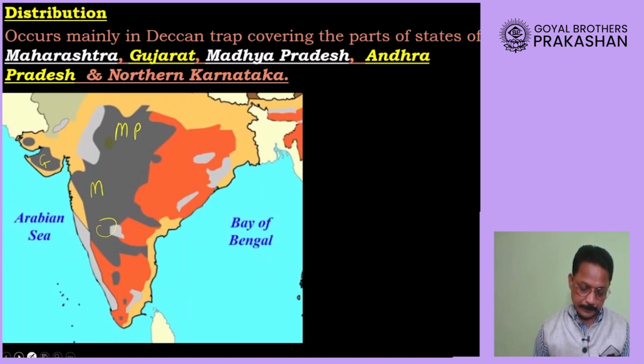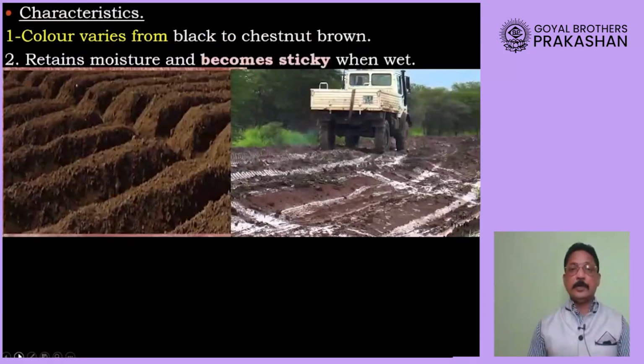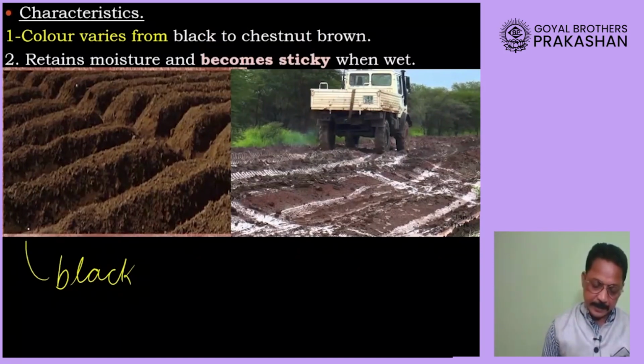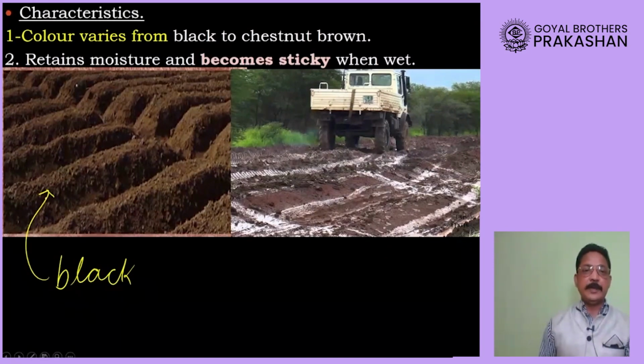Now let us look at more characteristics of this soil. Sometime back we found that this soil is black in color. But if you look at this picture, you will find the color is not black.